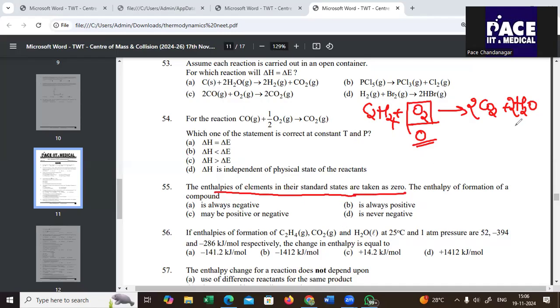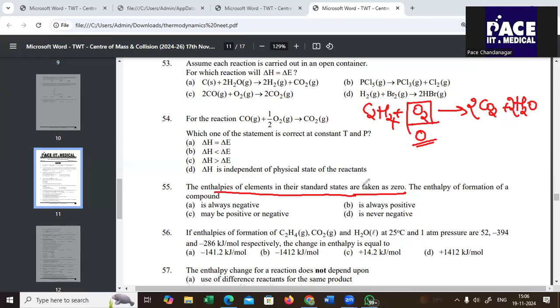Anything which is formed has a negative enthalpy, because when two things come together, it has to release a lot of energy. Formation is always negative, since energy released is taken as negative in chemistry, and breaking down is taken as positive. Remember that part.